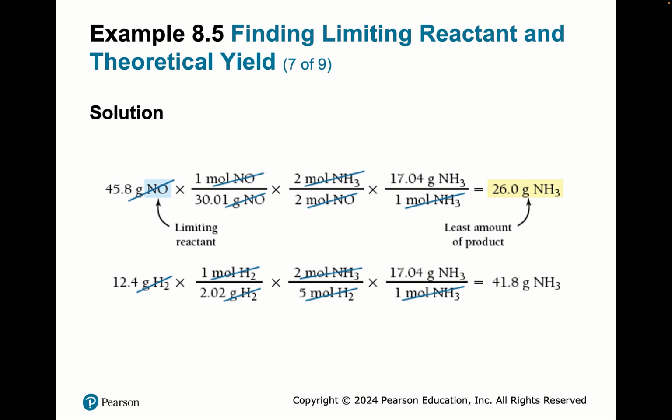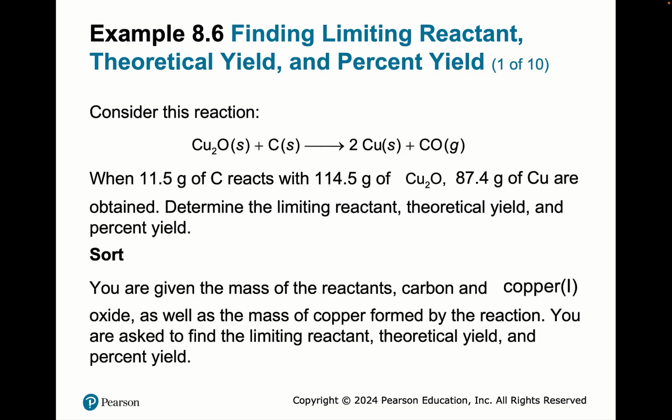Well, because of the law of conservation of matter. So you have to pick the one that gives less, because that's the only one that's going to make sure that the law of conservation of matter is in fact upheld. So let's go through one with theoretical yield and percent yield.